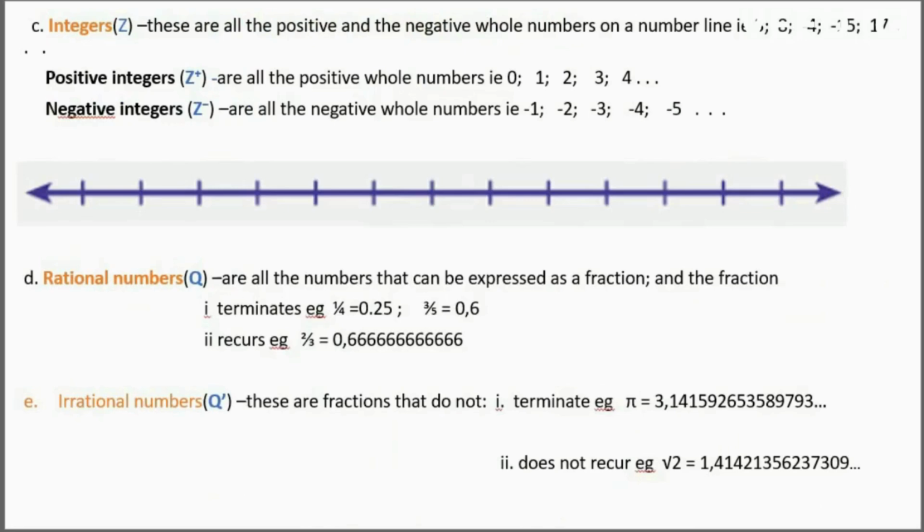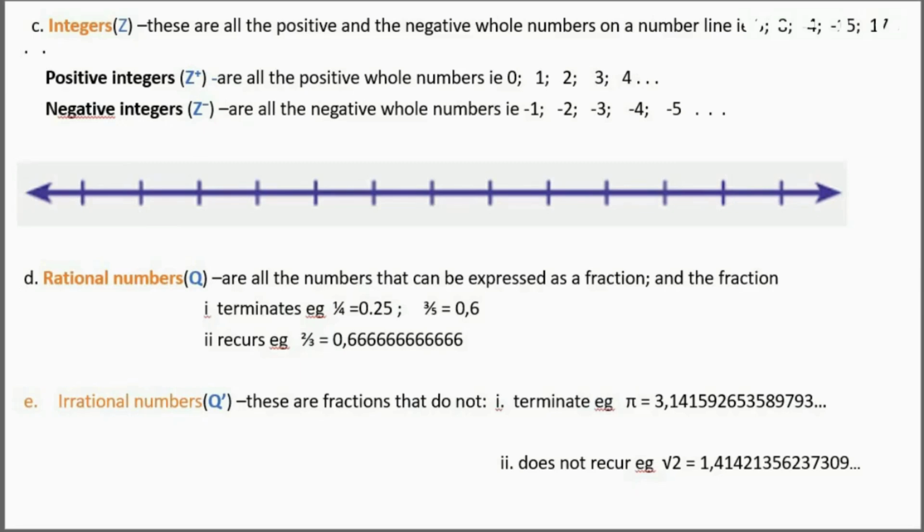So we move on to the third group of real numbers, which are integers. These are all the positive and the negative whole numbers on a number line. That is 3, 8, minus 4, minus 15, minus 17, as long as the number is a whole number. So we have positive integers, which are denoted by the capital letter Z and a plus sign.